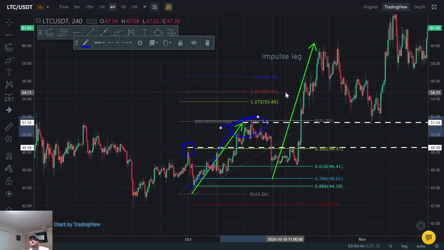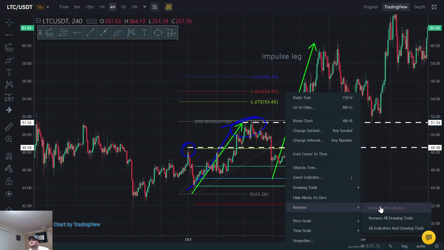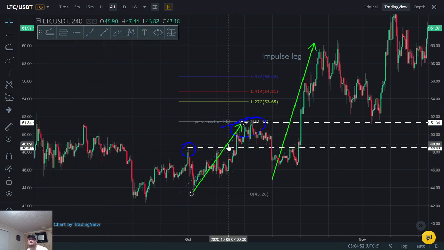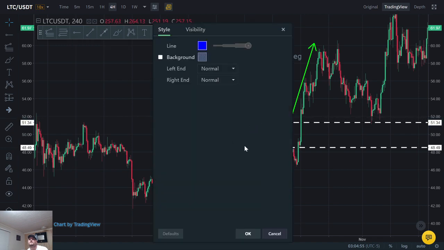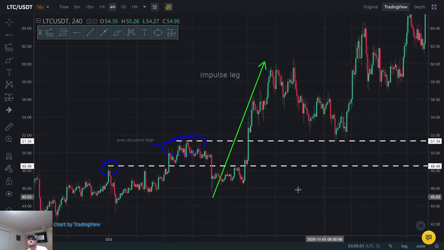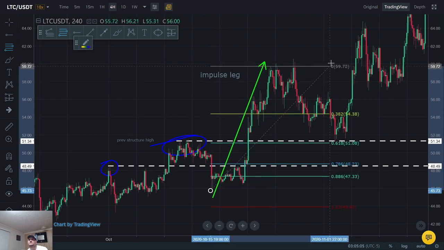Let's delete everything real quick. We can do it all over again. We're going to delete everything up there too. It's all right. We didn't want to delete everything anyway. So this would be considered an impulse leg.